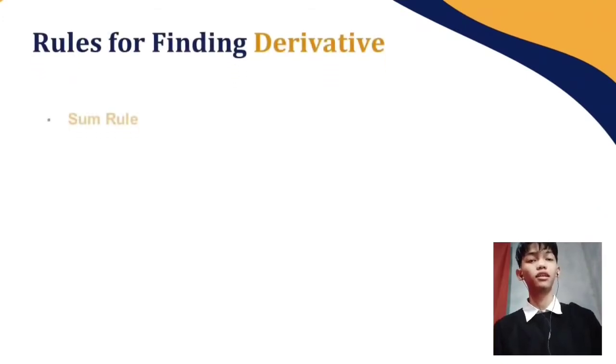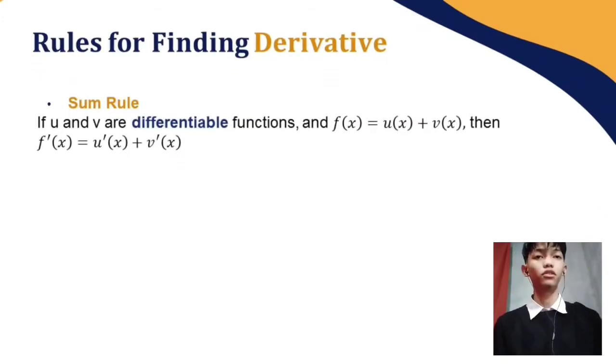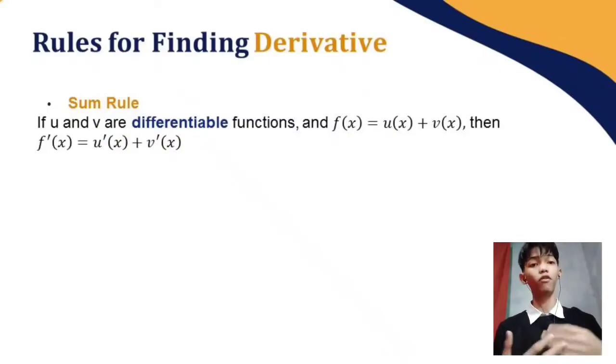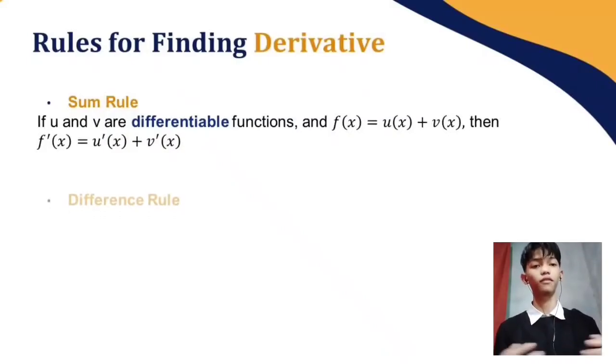Next is called sum rule. If u and v are differentiable functions and f(x) is equal to u(x) plus v(x), then f prime of x is going to be u prime of x plus v prime of x.